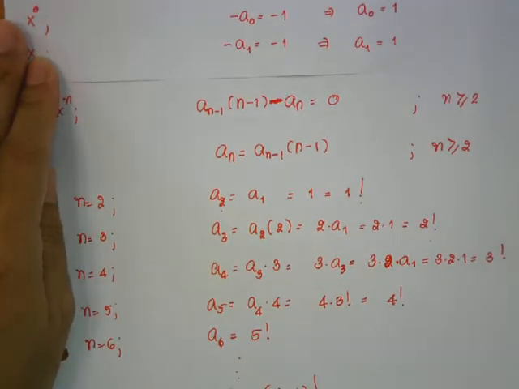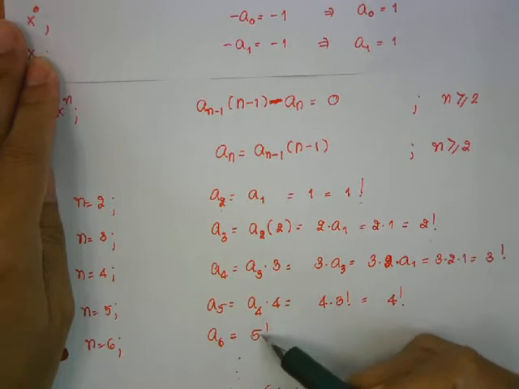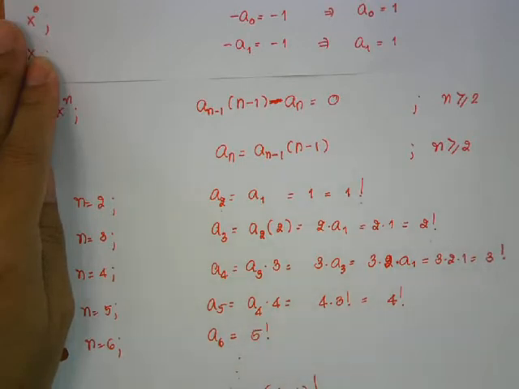And now I can guess that for n equal to 5, a5 would be equal to 4 factorial. And as the rhythm, so that's why a_n would be equal to n minus 1 factorial.